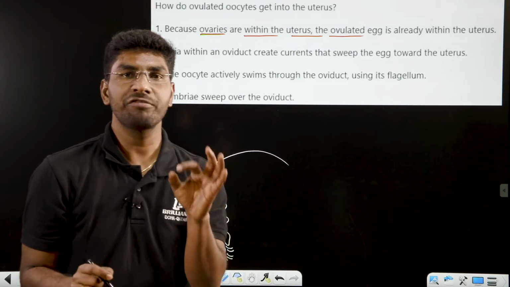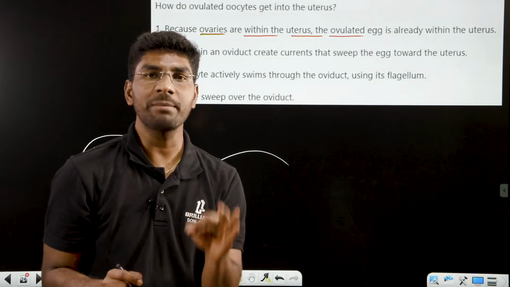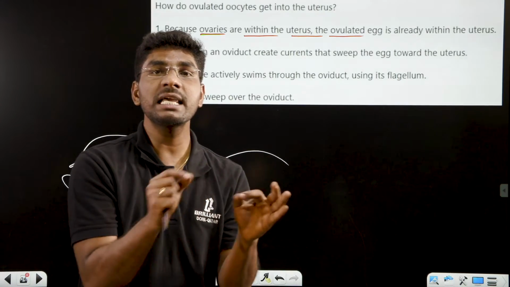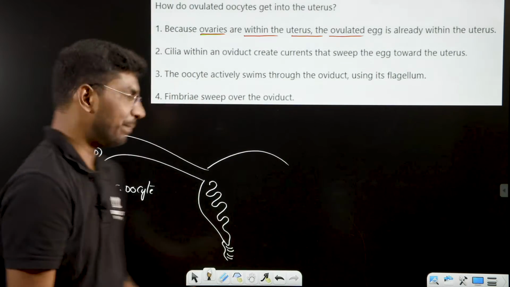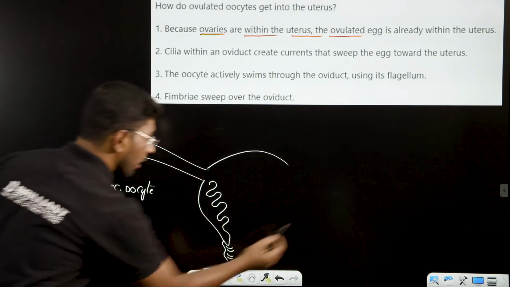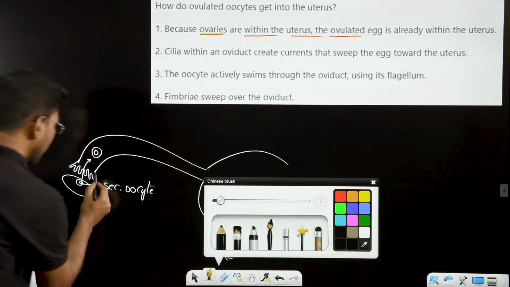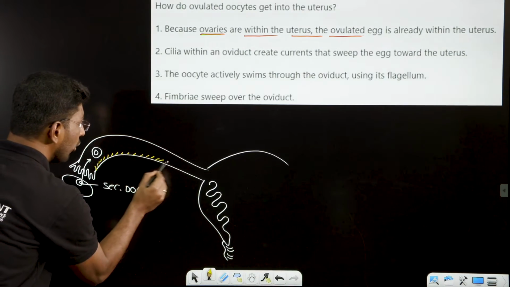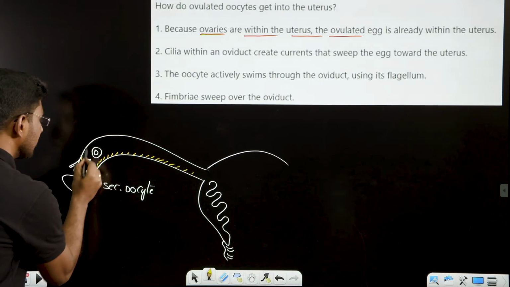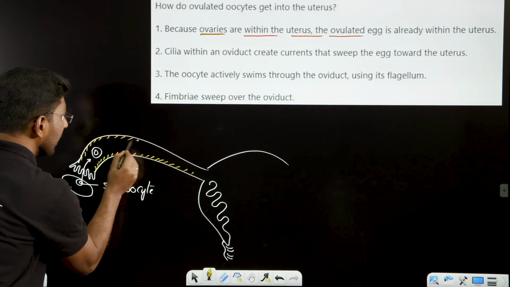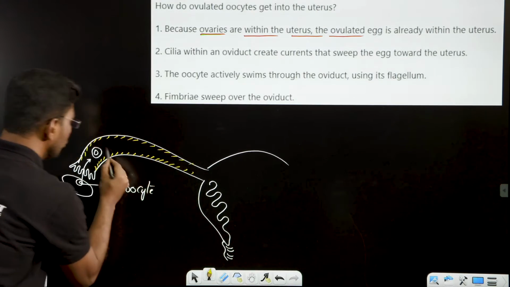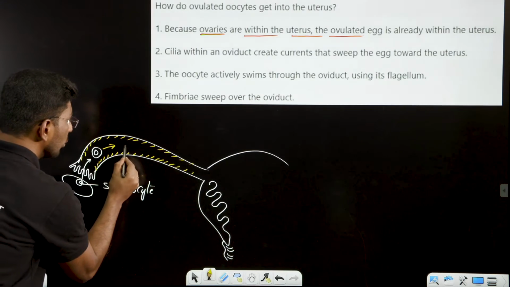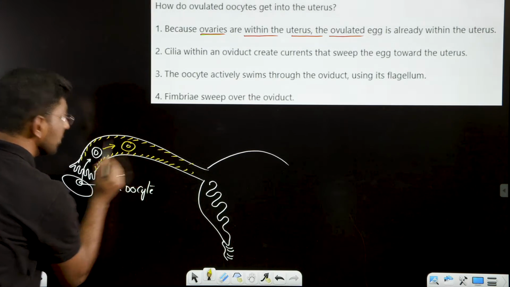Keep in mind, the fallopian tube of the female is made up of ciliated columnar epithelium, so cilia are present. The movement of this cilia helps to move the secondary oocyte towards the ampulla isthmus junction.